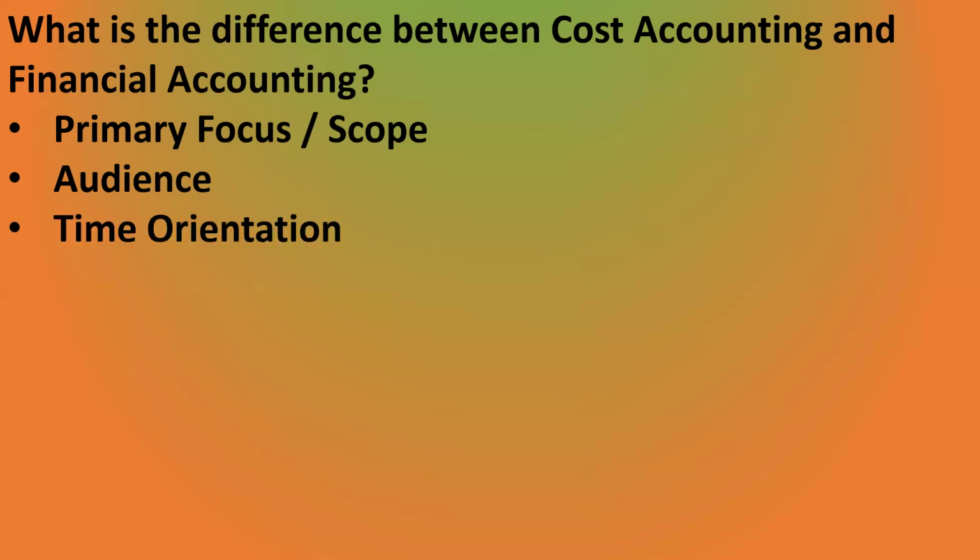Time orientation: cost accounting focuses on both past and present costs, but also looks at real time cost control. Whereas financial accounting focuses on historical data. Historical data means, when we see the annual report of a company, we have two columns in the financial statement.